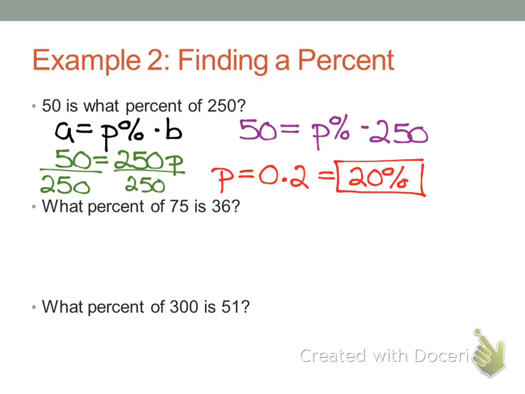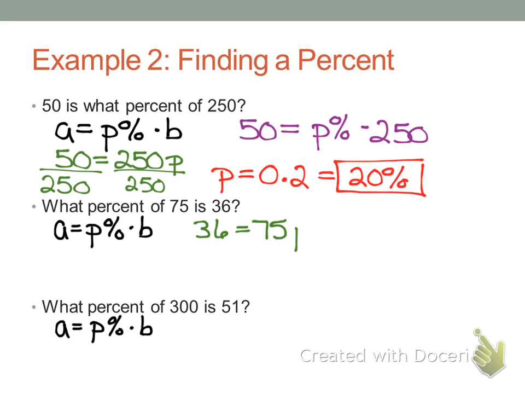All right, so now I want you to try the second one on your own. What's your value again? 36. Yes, so we plug in 36 equals 75p. Then what do you divide both sides by? 75. And I want you to show that using the fraction bar.